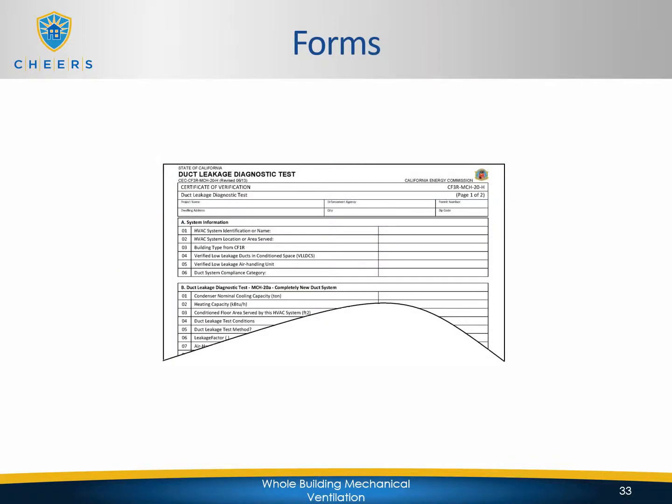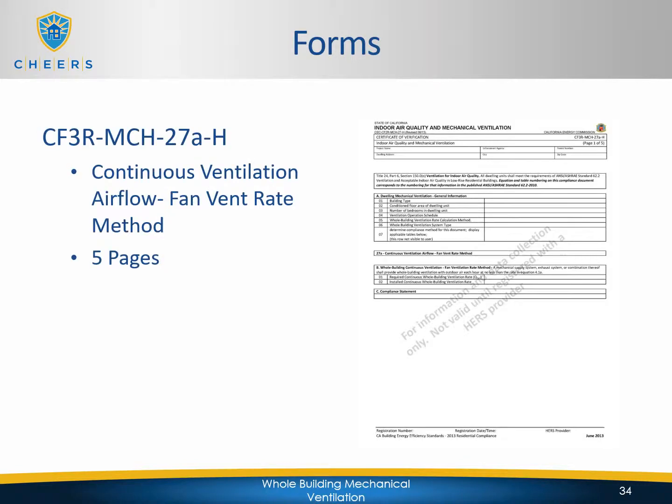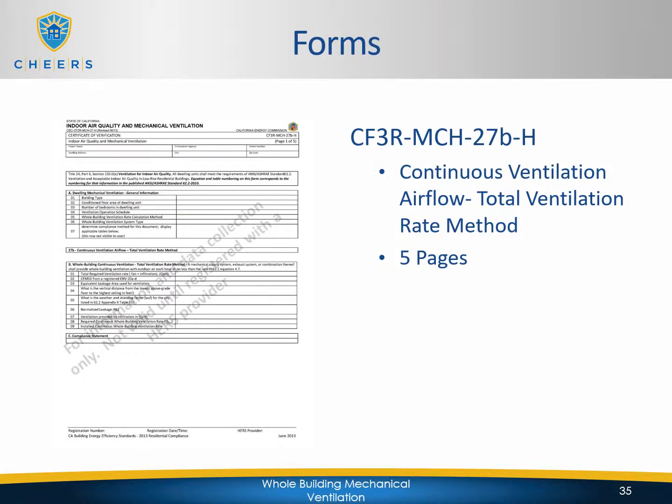And now we're going to be covering the forms that have to do with this particular test. The CF3R MEC 27AH is used for continuous ventilation airflow, the fan vent rate method. The CF3R MEC 27B, continuous ventilation airflow, is used for the total ventilation rate method.